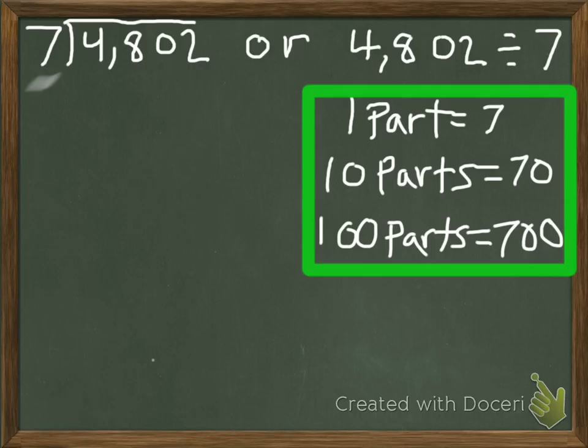Understanding this concept of what a part is, and how if I times by 10, I'm increasing those parts, is going to make it much easier for figuring out how many parts I need to build up to 4,802. And what I'm actually going to do is subtract from 4,802 and whittle down how much number I have by using these parts. You'll see how it works here.